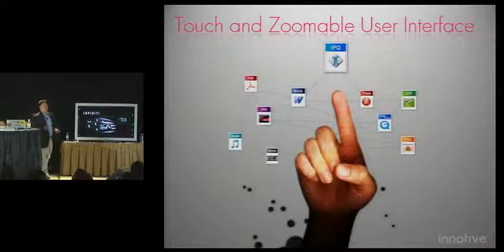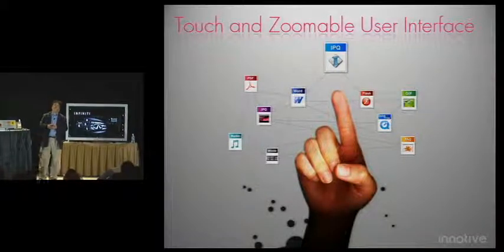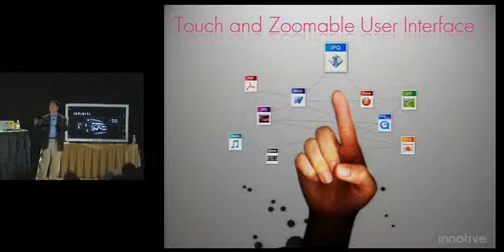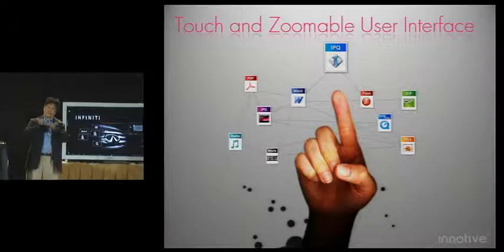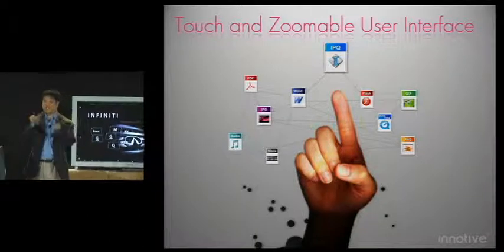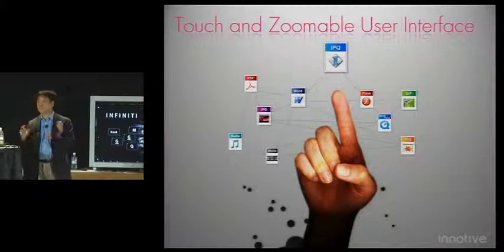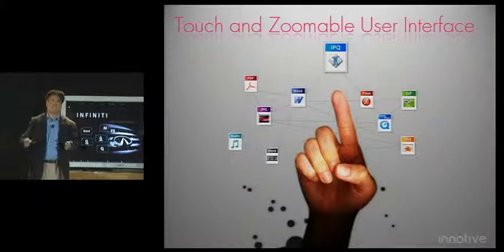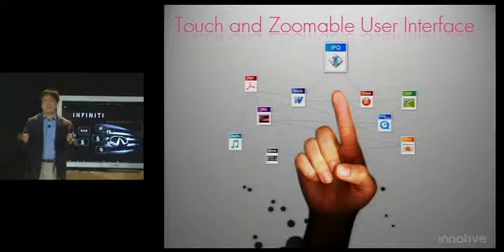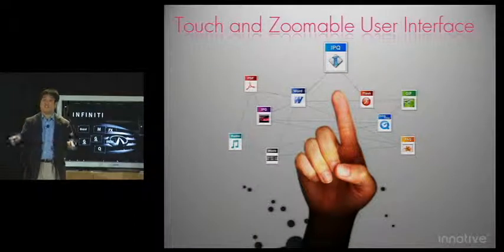So with touch, we found that the zoomable user interface is the most effective way. And as you know, you've seen Deep Zoom, and you've seen Surface, and all the things that you can do. That is the key thing. So we integrated this in, and using a zoomable interface, you no longer have to have a fixed resolution. Usually when you design something, it's set for a fixed resolution.